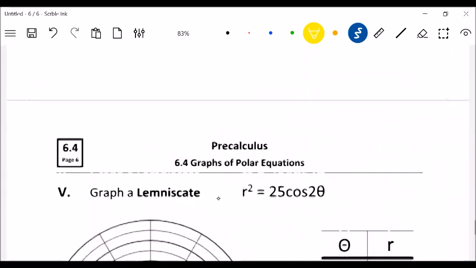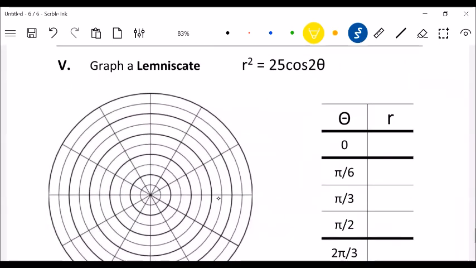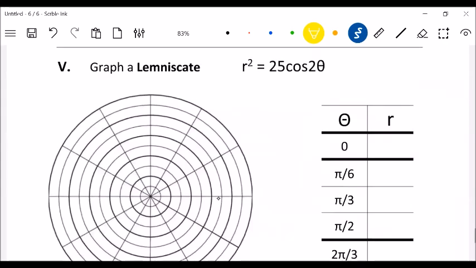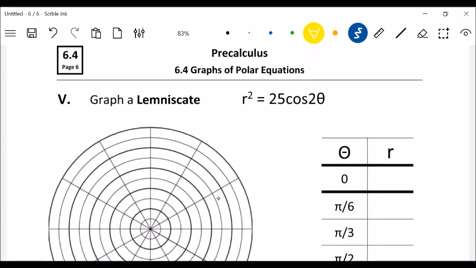Now let's do it again with a lemniscate. And a lemniscate is going to be, this one's different as an R squared. So we figure out what R is, calculating here. This is a good one to do this with R. So we'd have to do plus or minus. So actually what we would do is take the square root.